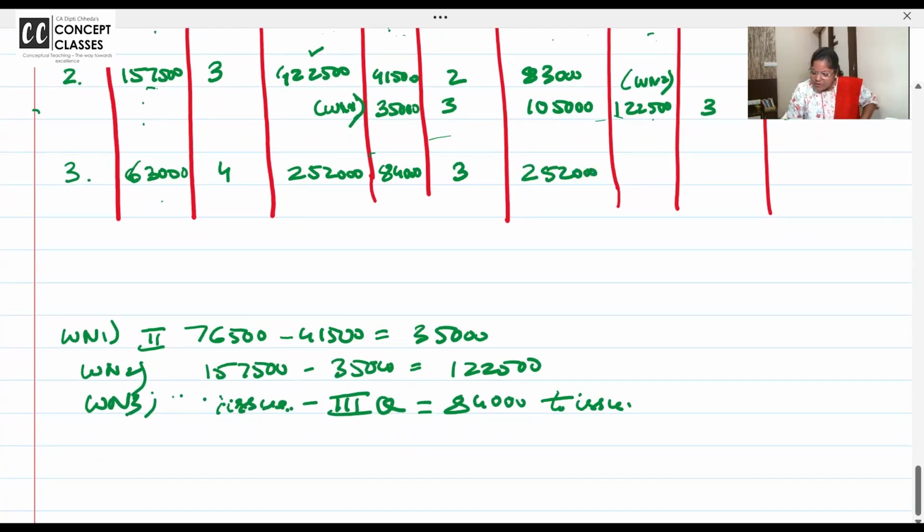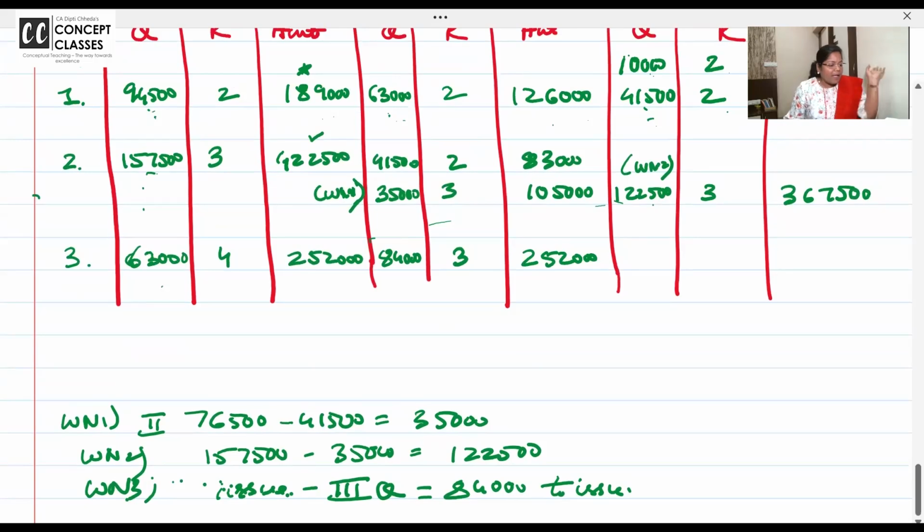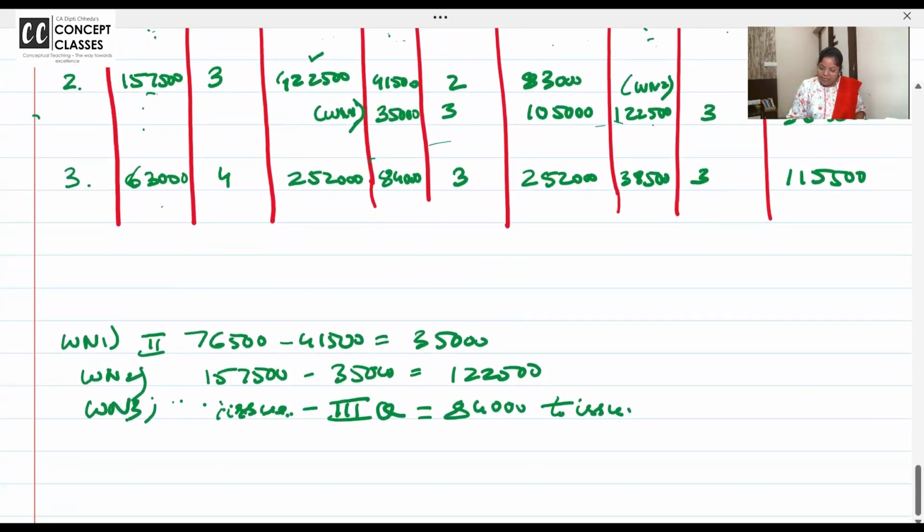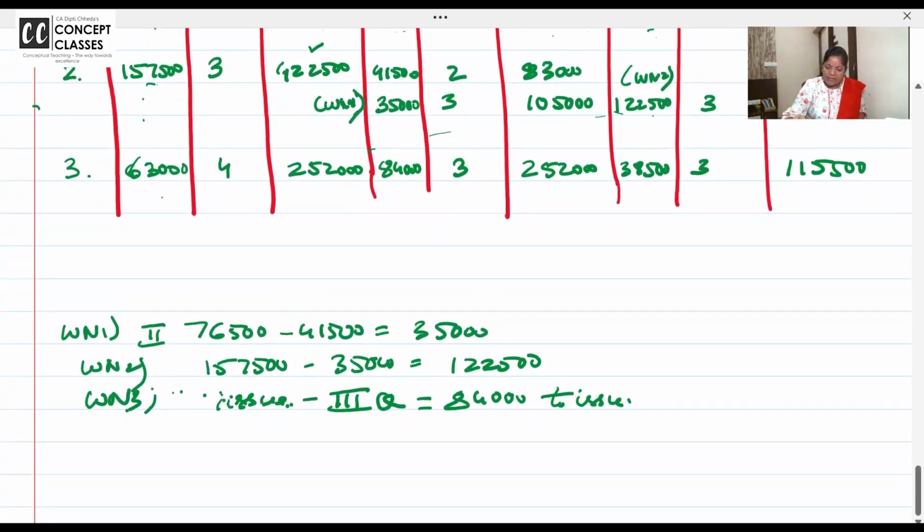Anyone in the class who is confused? 84,000 into 3, third quarter. Now what's the balance? 122,500 units minus 84,000 is 38,500 units into 3. 38,500 units into 3.